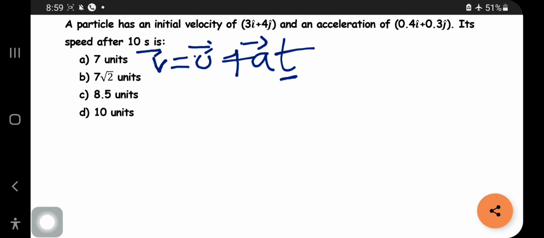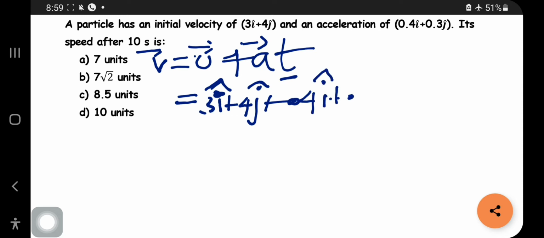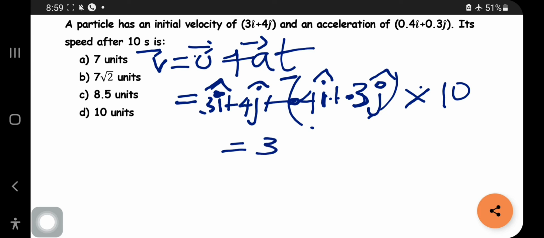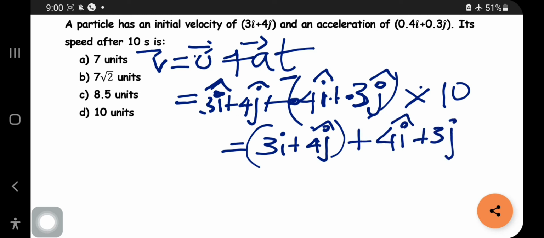So u is 3 i cap plus 4 j cap, plus a, that is 0.4 i cap plus 0.3 j cap, into 10, which gets you 3 i cap plus 4 j cap plus 4 i cap plus 3 j cap.